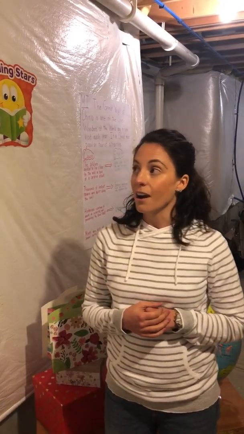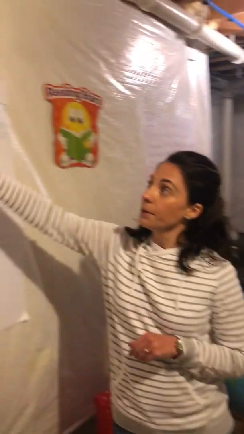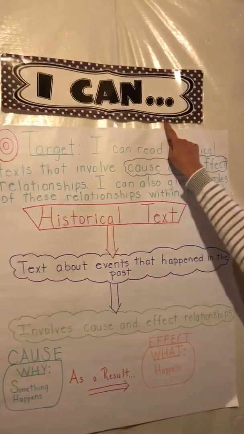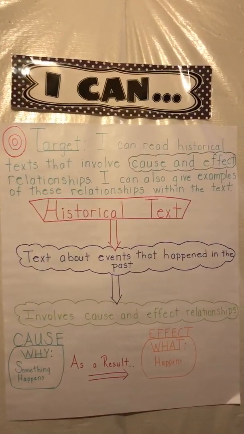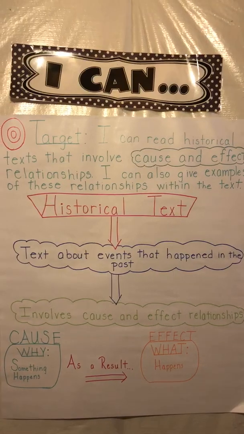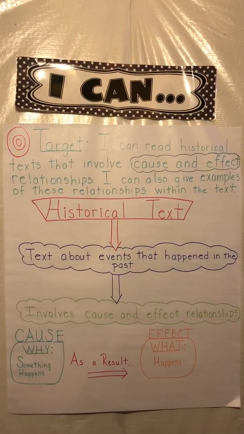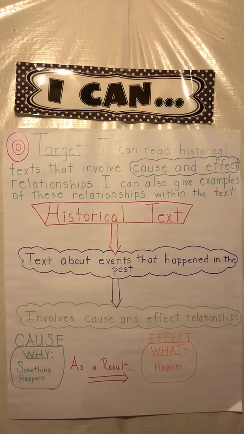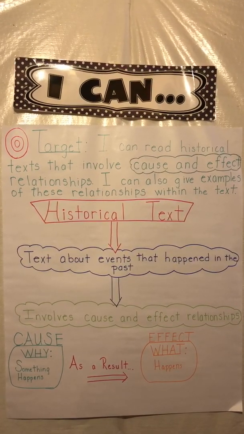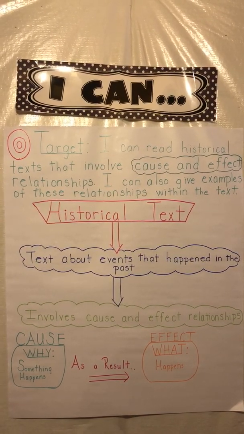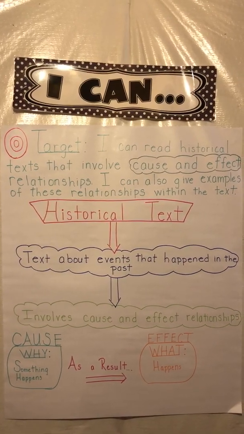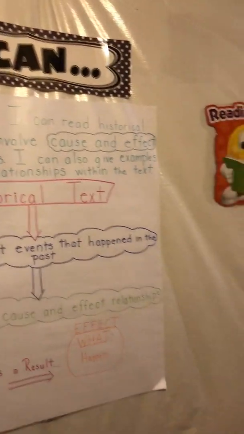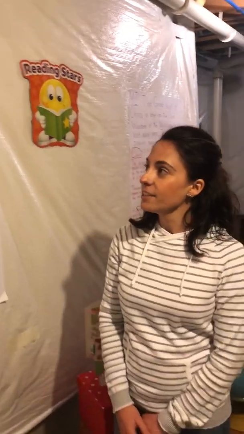We're going to take just a few moments to go over our targets, which is up here under our I can statement. So I'm going to give you a few seconds to go ahead and read that. All right, by now you should have had a chance to review our target.